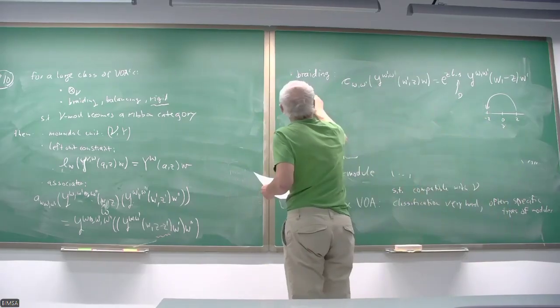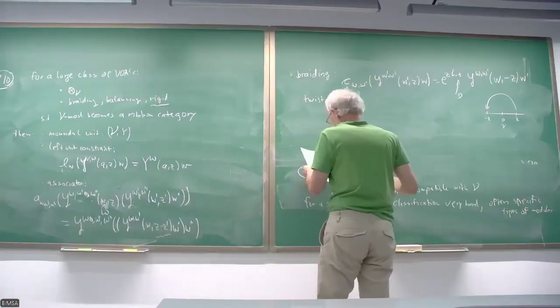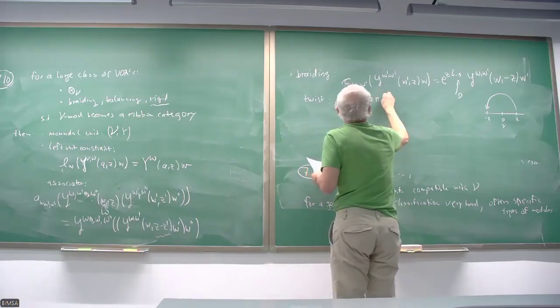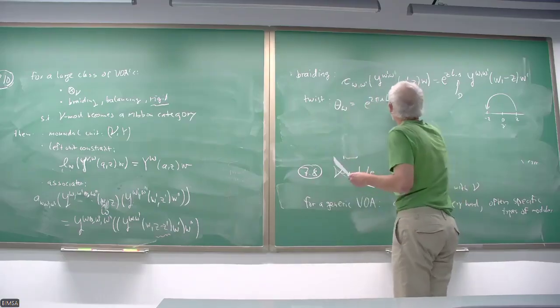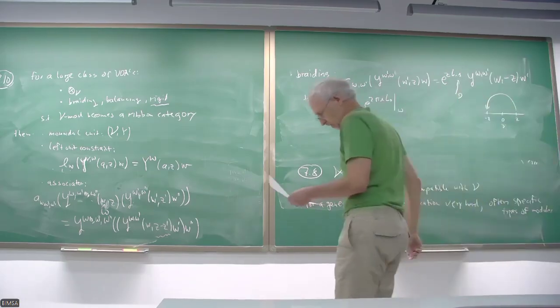And then the twist theta at W is essentially just taking e to the 2 pi i L_0 acting on W.